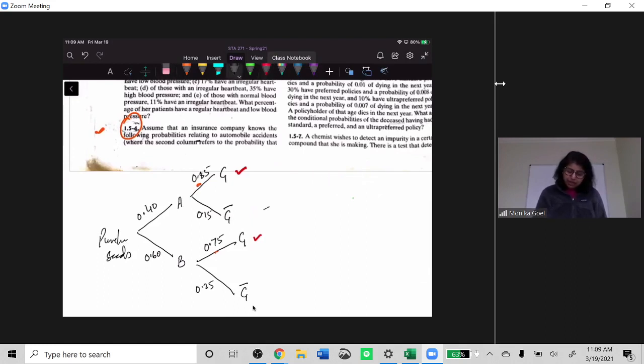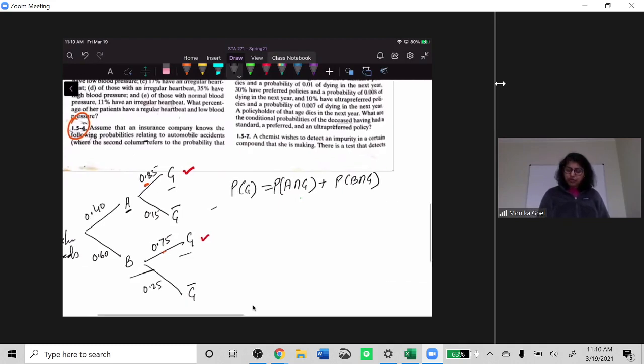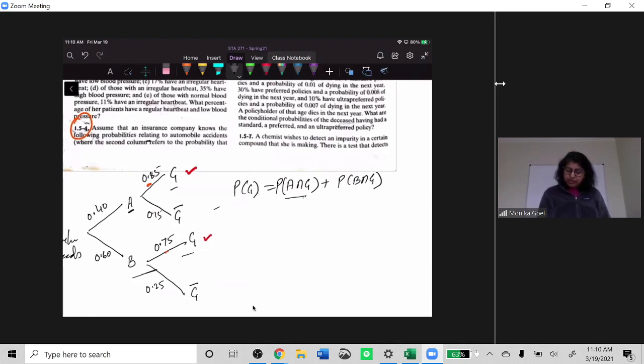So what is the probability of germination? When we are looking for the probability of germination, it is the probability of A intersection G, plus, and it is coming from here, B intersection G. These are the only two ways where we can find the germination probability. And what is A intersection G?